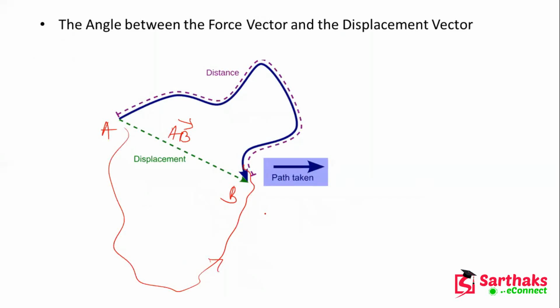That means the shortest distance between you and your school is the displacement vector. But if you are roaming here and there after school time, and then you reach your home, I will not tell you that you have followed the displacement vector. I will tell you that you have crossed some distance, not the displacement vector.